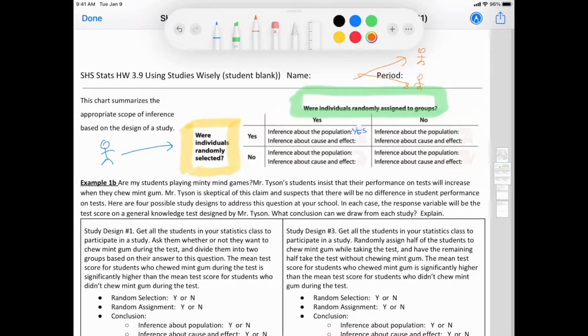If the answer is yes on that, then you can make an inference about the population and an inference about cause and effect.